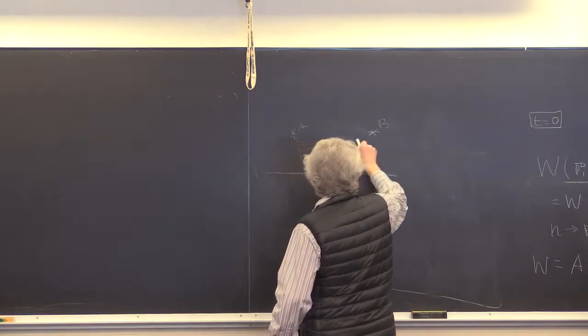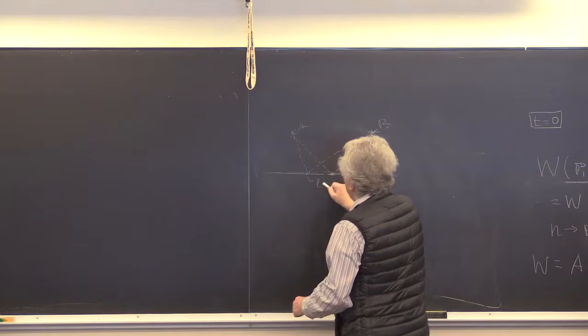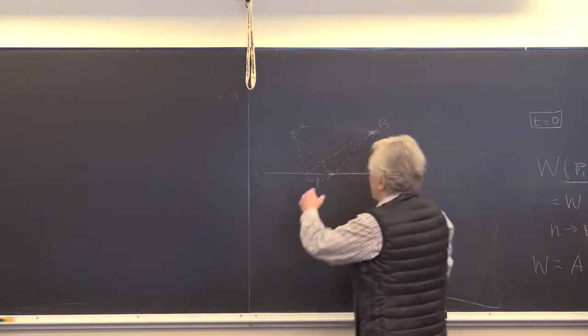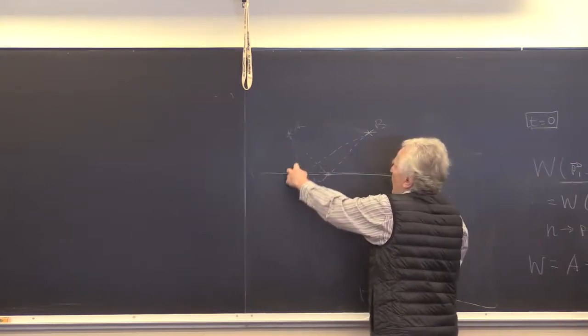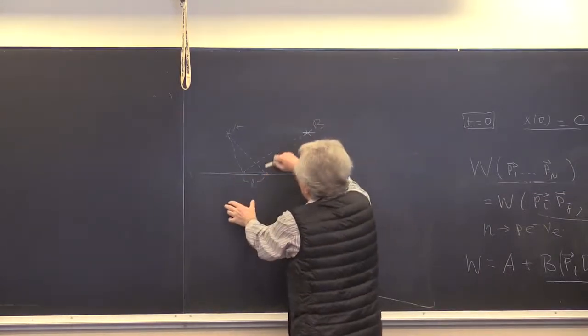Suppose this is the middle, and suppose that we in fact try to propagate light along a trajectory displaced from the middle, from the symmetrical point.